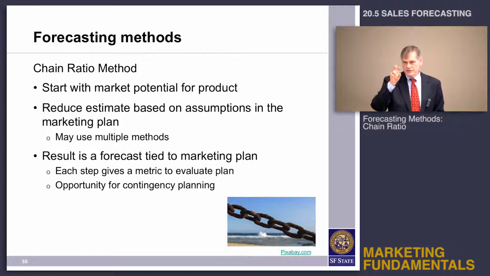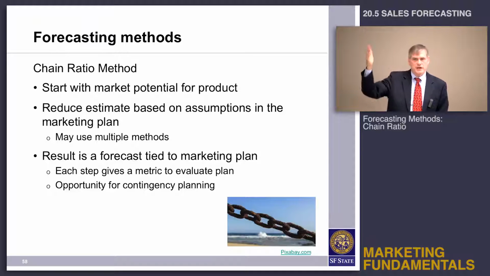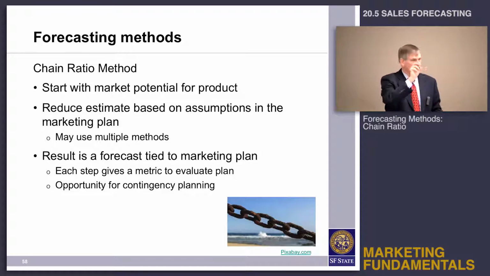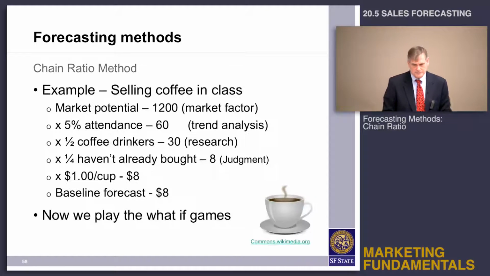And the idea is each key assumption in your marketing plan would be tied to a metric in the chain ratio. And what you end up with is a forecast that's consistent with your plan, and you've got natural contingencies, natural points where you can check your progress.